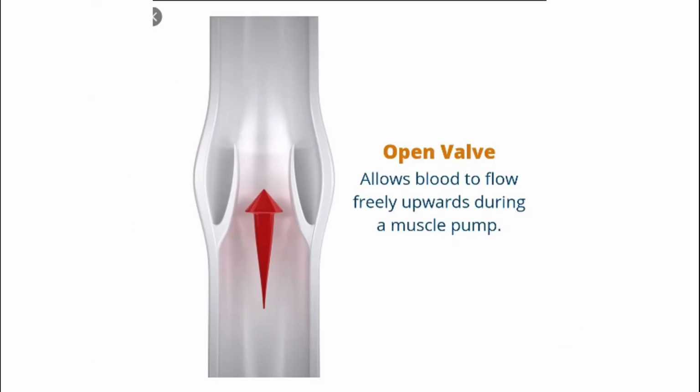When the arterial blood was distributed all over the body, there was a pump behind it, that is the left ventricle, which is going to pump the blood to all parts of the body.